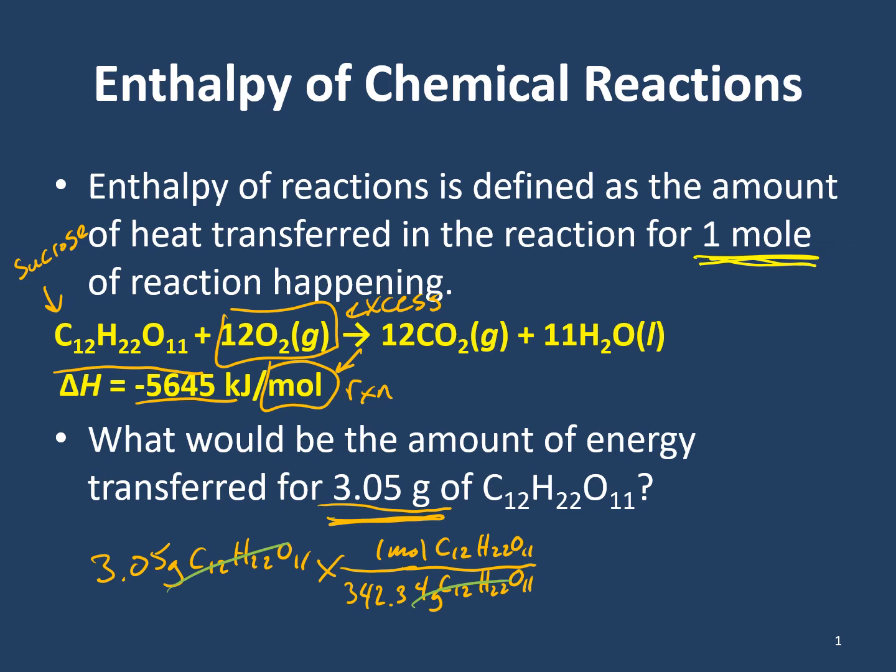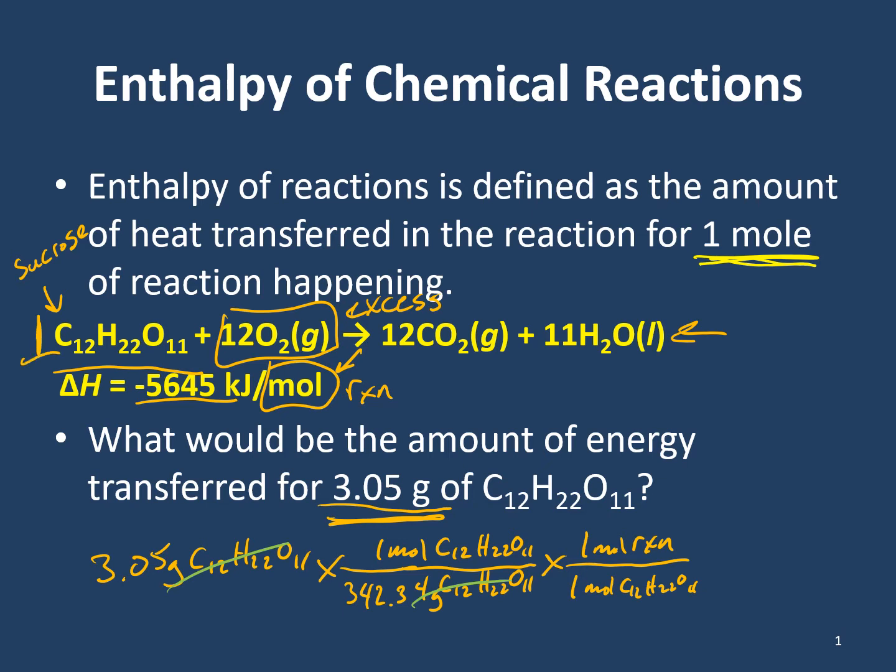So how do I get from here to moles of reaction? Well, it's pretty simple. We put 1 mole of reaction in the top, and always 1 mole when we want to get to moles of reaction, because we know how many moles each thing is formed and reacted based on the balanced chemical equation for one reaction, right? So I know that 1 mole of C12H22O11 reacts in this reaction, since we have a 1 here that's not shown.